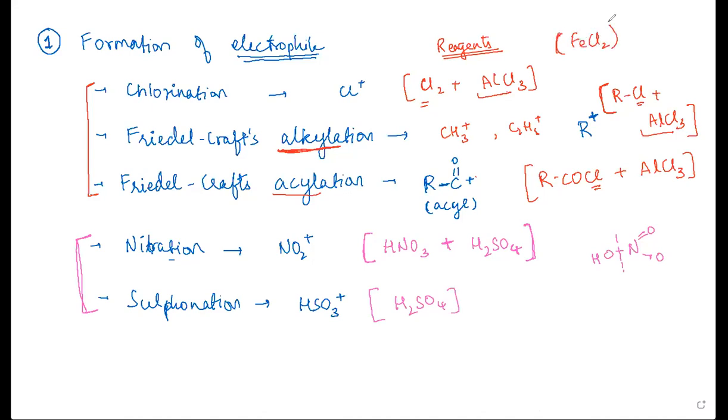So basically any metallic chloride in which the valency is not completely met, but let's get into it later. So it's AlCl3 and FeCl2, and these act as Lewis acids.